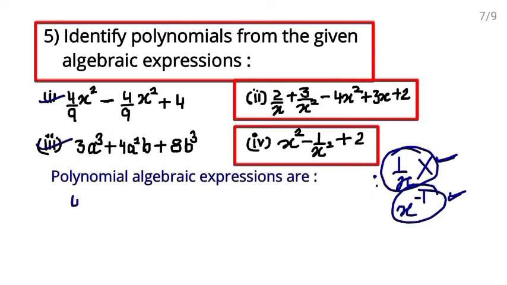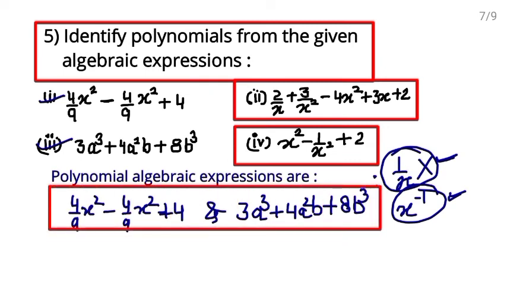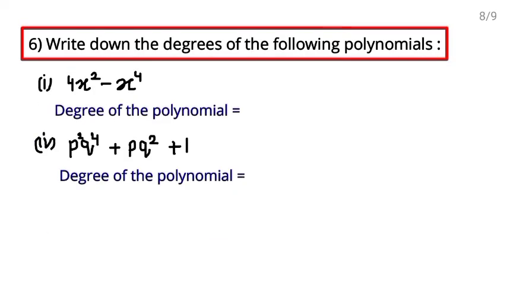So 4 upon 9 x square minus 4 upon 9 x square plus 4, and second expression which is polynomial is 3a cube plus 4a square b plus 8b cube. These expressions are polynomial.